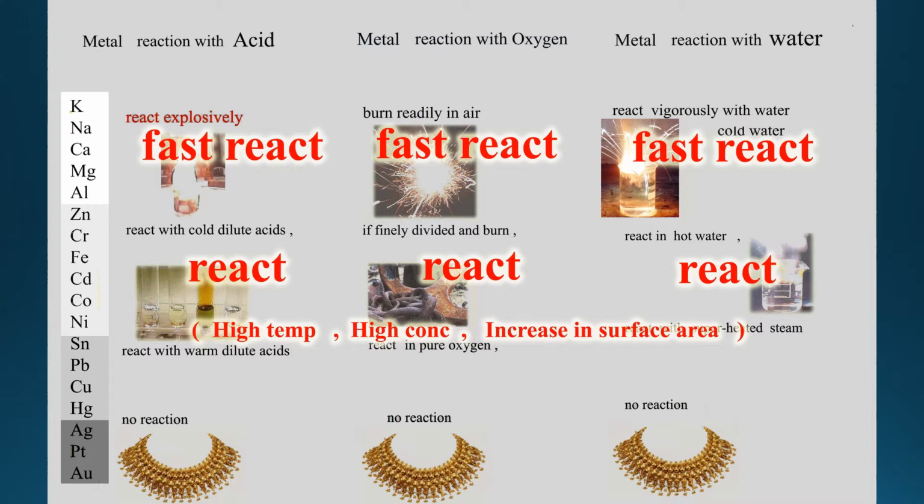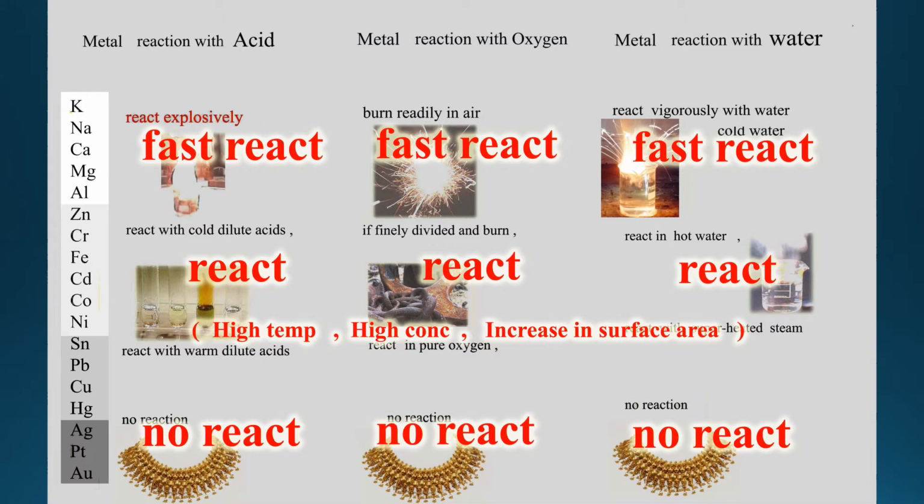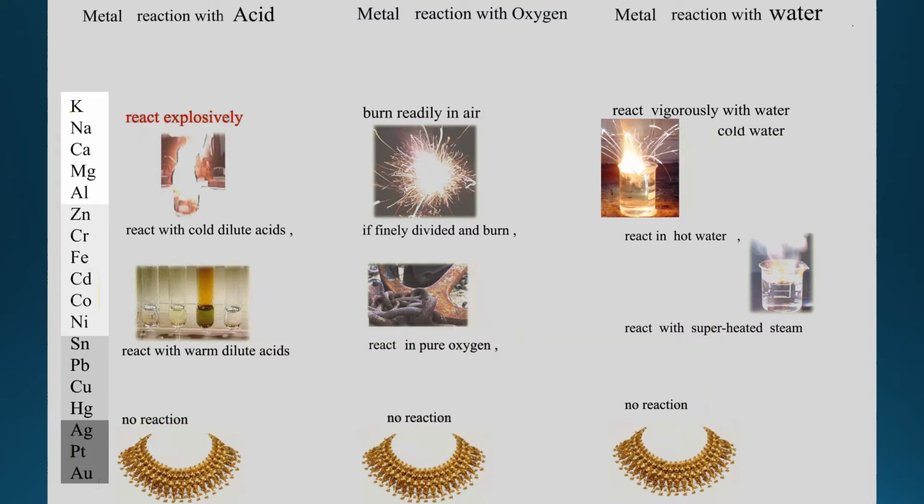This will increase the rate. For the lower group, no matter what temperature or condition, there will be no reaction. And this explains the activity series and the difference between reactive and unreactive metals.